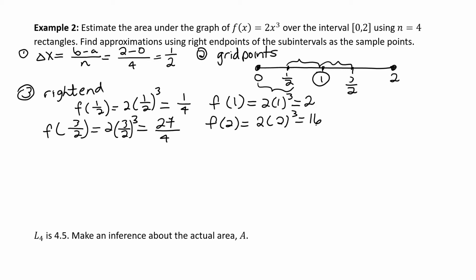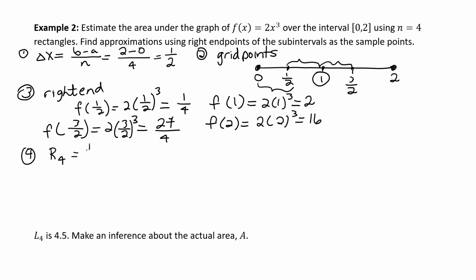So we found the width, drew and got our grid points, found the height of each rectangle using the right endpoint, and now we can compute R sub 4. That's the approximation of the area under the graph and above the x-axis using 4 rectangles, right endpoint.